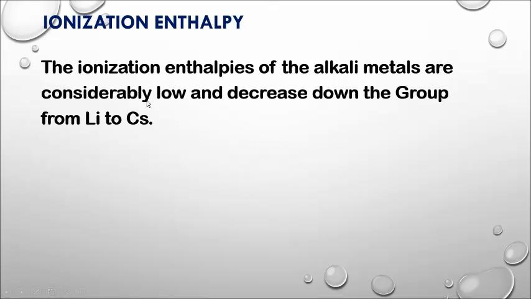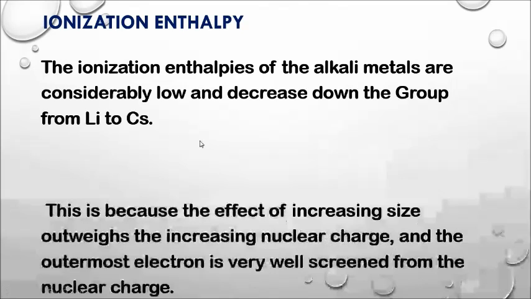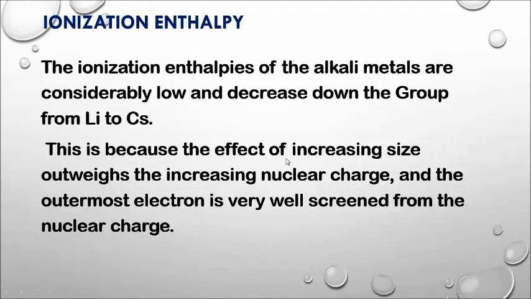And what is the reason behind that? Because of the increasing size, which outweighs the increasing nuclear charge, and the outermost electron is very well screened from the nuclear charge. This is why the decrease is there down the group from lithium to cesium.